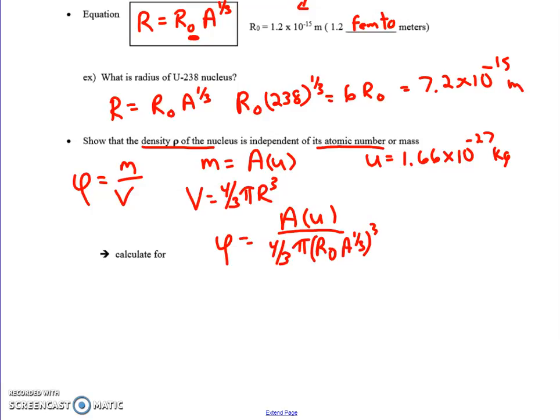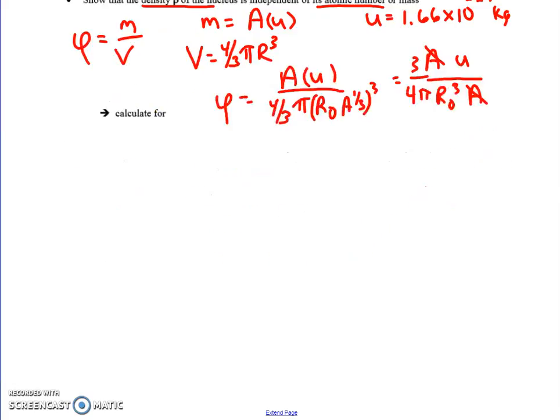Okay, so let's simplify. We have A times u all over, let's bring the 3/4, flip, copy, change, flip, over pi, R naught cubed, and A to the 1/3 cubed is A. All right, so we can see that the atomic mass cancels out, and we're left with rho equals 3 over 4 pi atomic mass unit times r naught cubed.